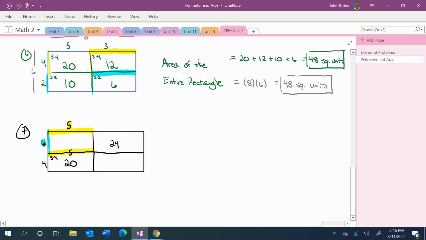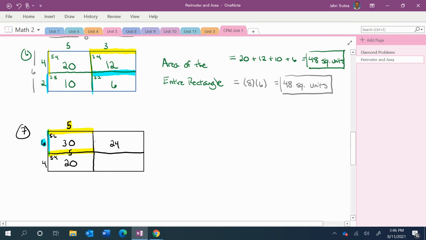And you are absolutely correct. Okay, and that's where that 20 came from. And by the way, in this top left rectangle, if I have a length of 5 and a width of 6, because 5 times 6 is 30, that means that area is 30.